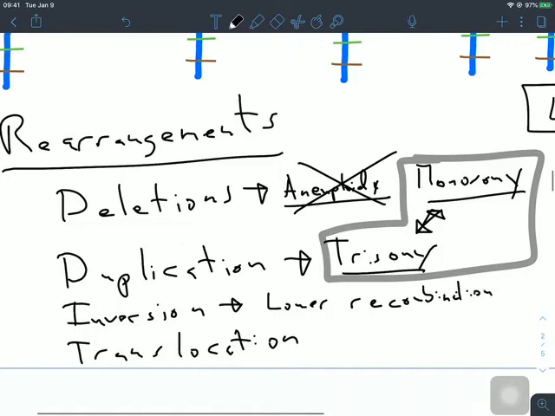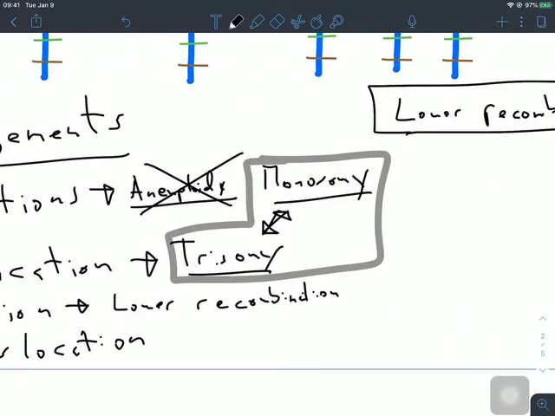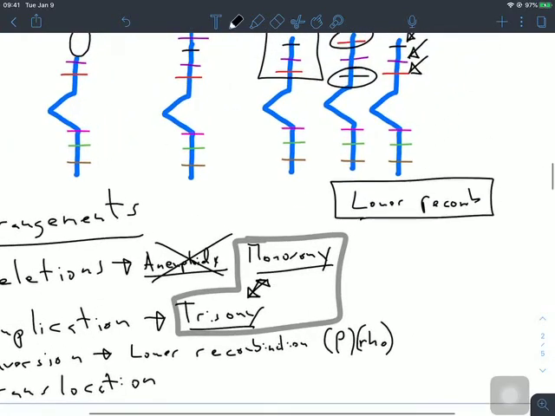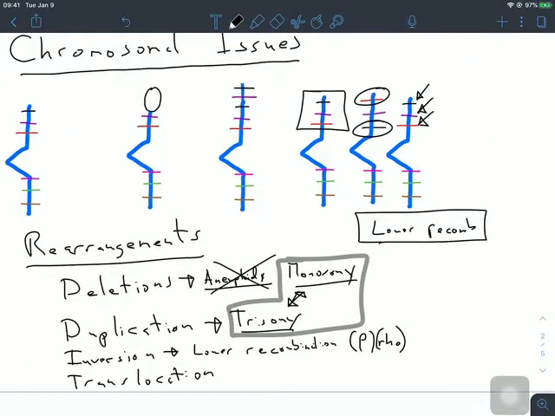In many cases, they can actually block recombination from occurring altogether. In biology, our Greek letter for recombination is rho, or the letter that looks like P. So in inversions, you're potentially creating blocks of alleles that are going to have to be inherited together.